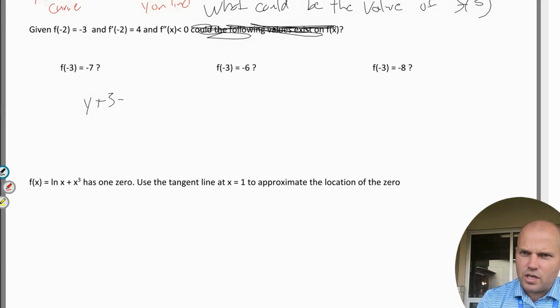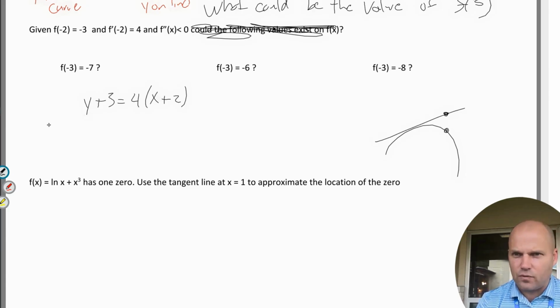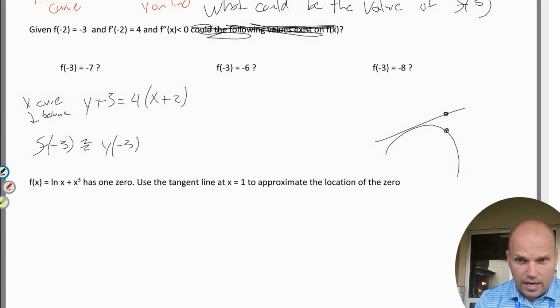Here, y plus 3 equals 4x plus 2. We have a concave down graph, which means my y on my line will be above my y on my curve. If I'm approximating f of negative 3, which is the y on the curve, my y on my curve will be below the y on my line.